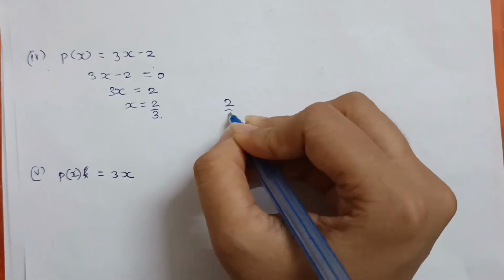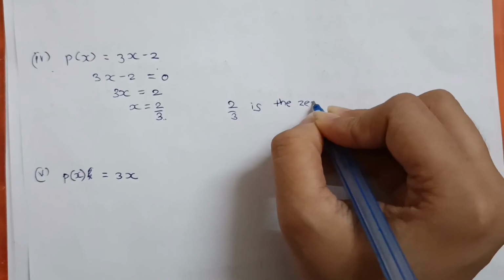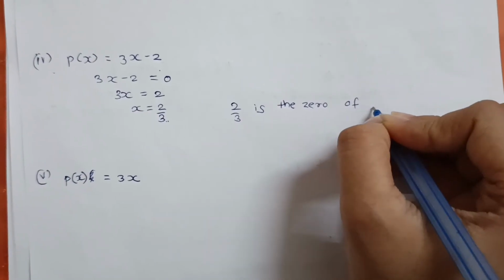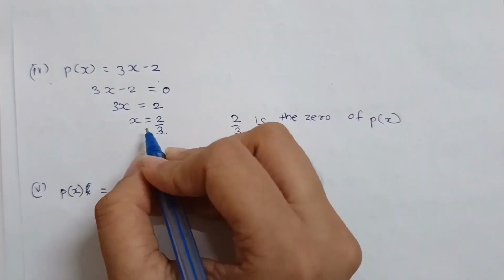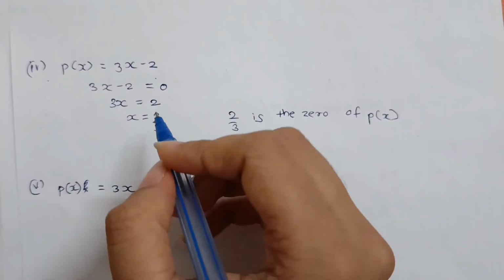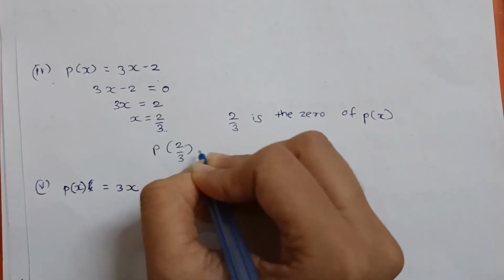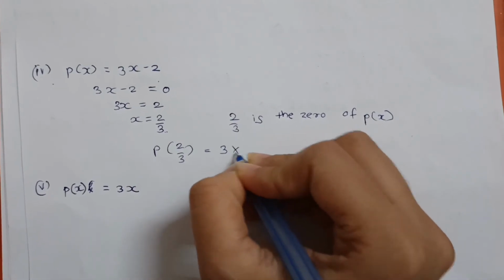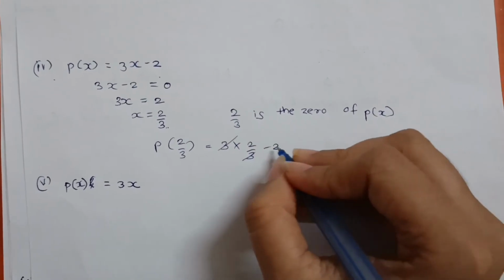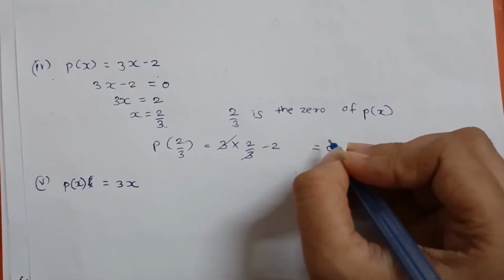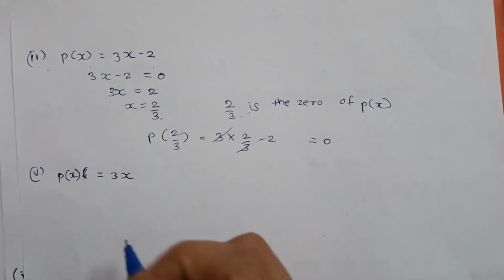So 2 upon 3 is the zero of P(x). Because if we substitute 2 upon 3 in this equation, P(2 upon 3) is equal to 3 into 2 upon 3 minus 2. 3 will get cancelled and 2 minus 2 is equal to 0. So 2 upon 3 is the zero of P(x) in this expression.